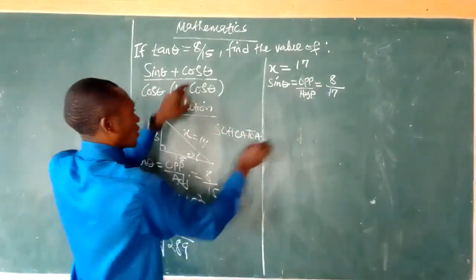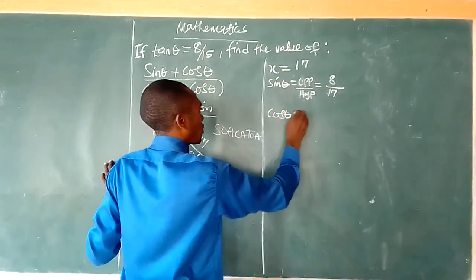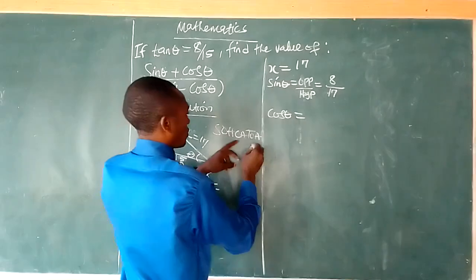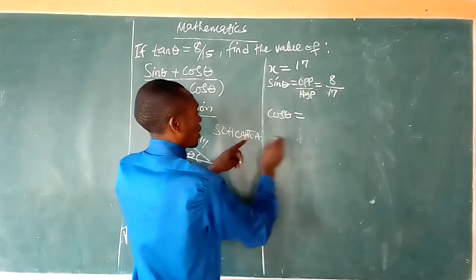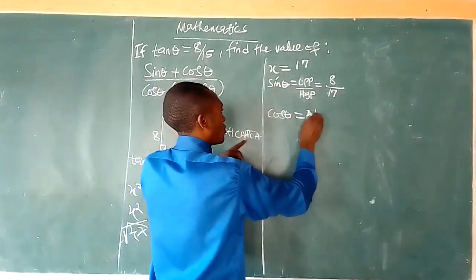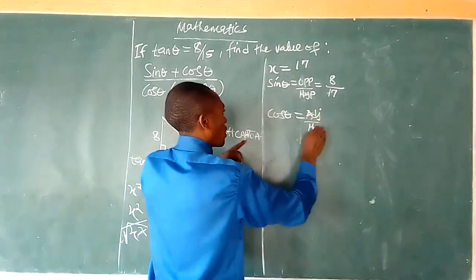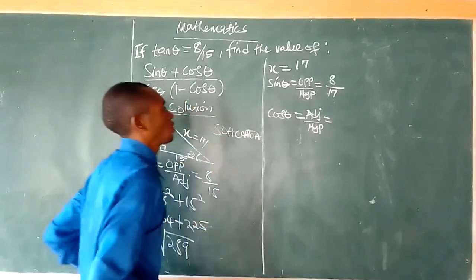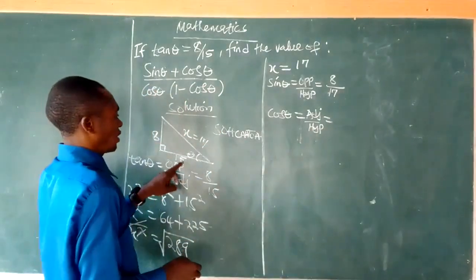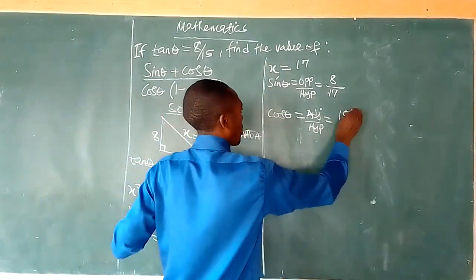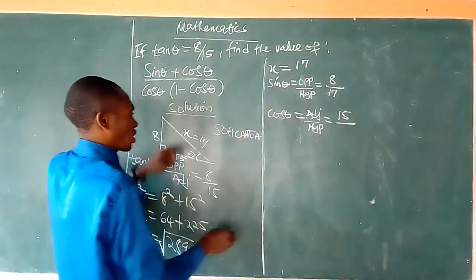Then cos theta is adjacent over hypotenuse. So our adjacent is 15 over our hypotenuse, 17.